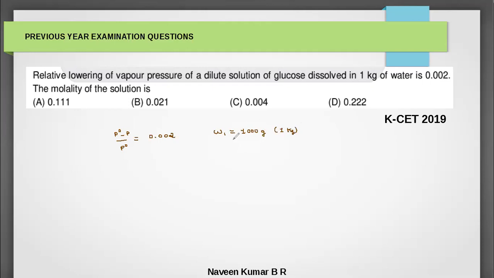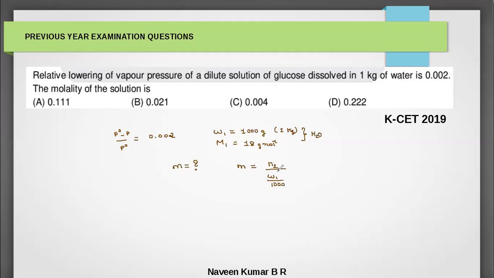As it is mentioned, water, its molar mass is 18 gram per mole. So that is with respect to water what they have specified. And with this information, they're asking us to calculate the molality of the solution. We know that molality is defined as number of moles of solute divided by mass of solvent in kg.